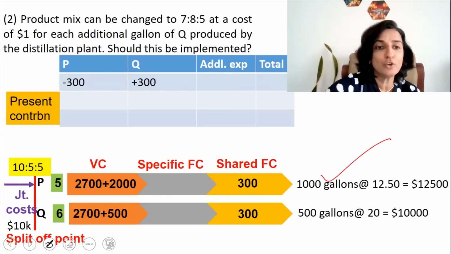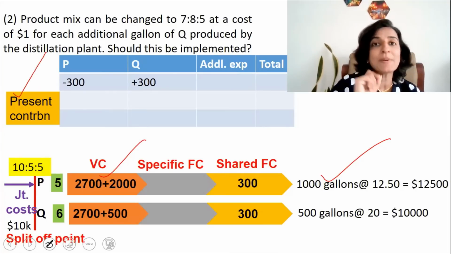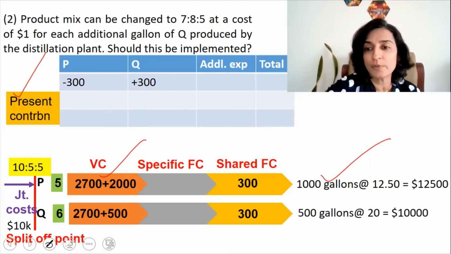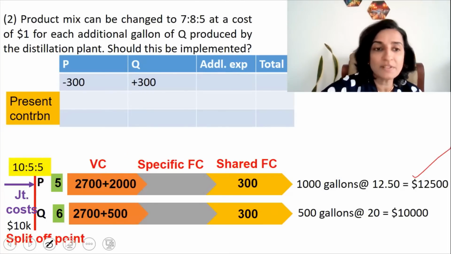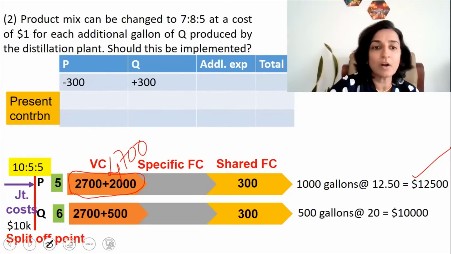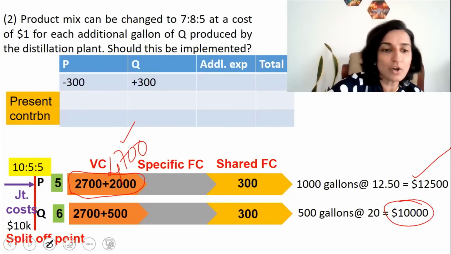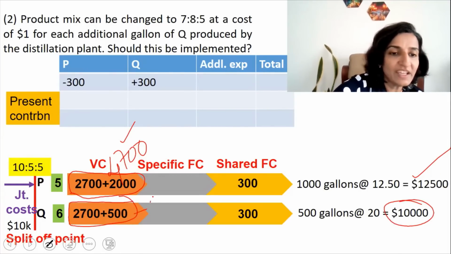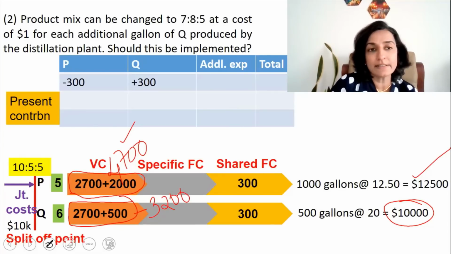So sales value minus variable cost is the contribution. So let's see what is the present contribution. It's 12,500 minus 4,700 as far as P is concerned, because variable cost total is 4,700. And for Q, it is $10,000 minus $3,200. So let's write that in the table.